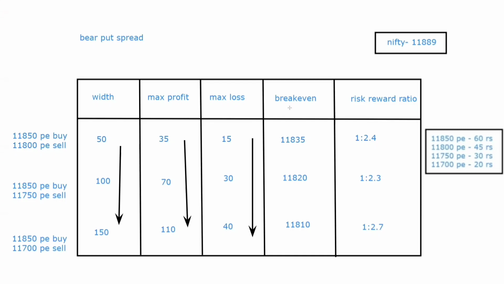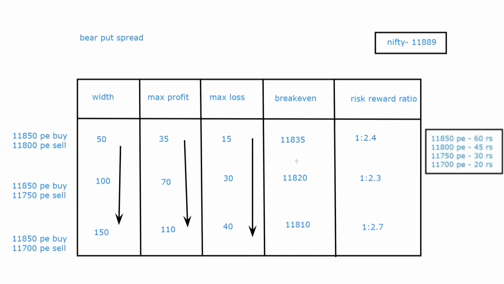Now the second thing to look into is the break even. Break even of a 50 point width was 11835, right? 11835 के नीचे जितना मार्केट गया, you would have profits, right? Now in a width of 100, your break even would go even lower, that is 11820. ठीक है? So what does this mean? That market 11820 के नीचे गया, then you would have profits, right? And if you take 150 point width, then the break even goes even lower to 11810.